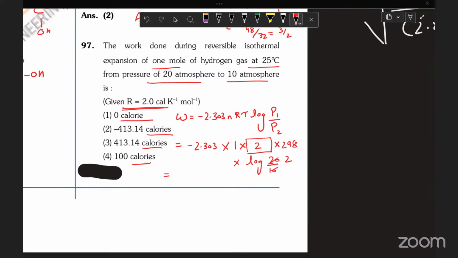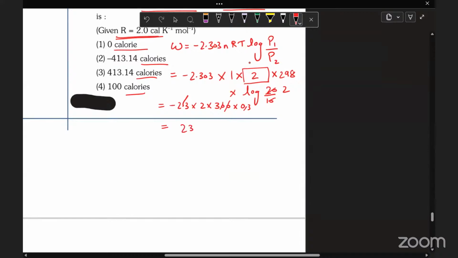So minus 2.3 into 2 into, I'm taking a little approximation, 300 into 0.3, right? This 2.3, 326. So this will be what? 23 into 2.